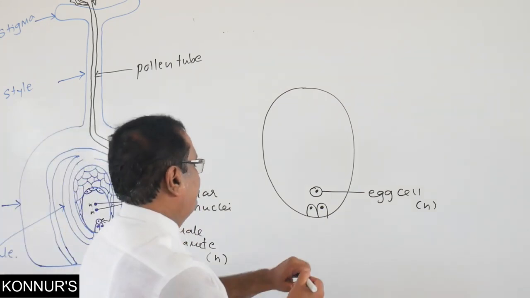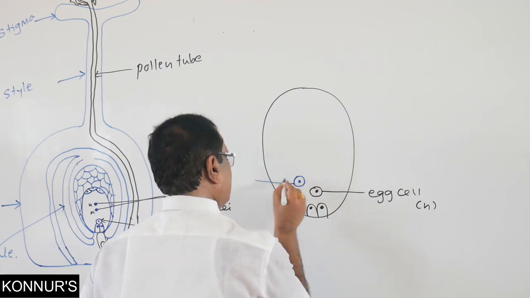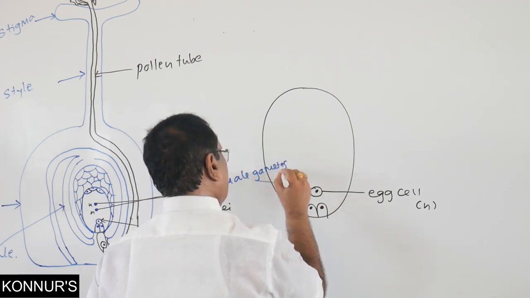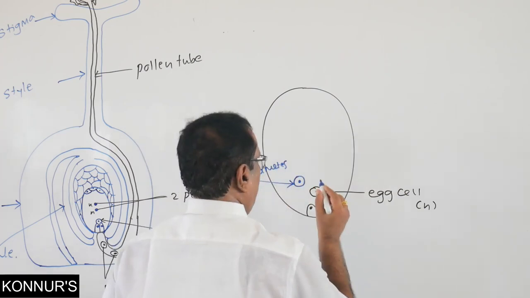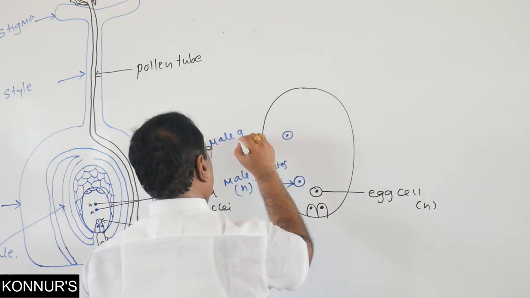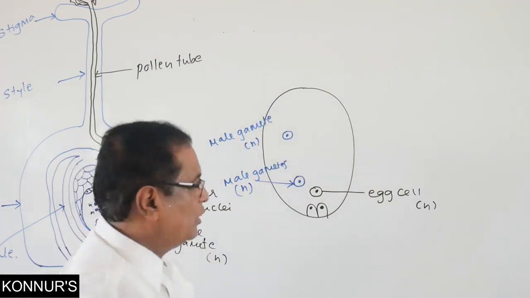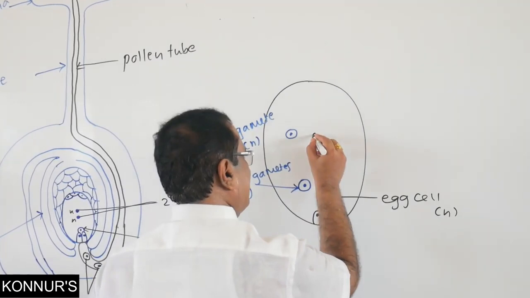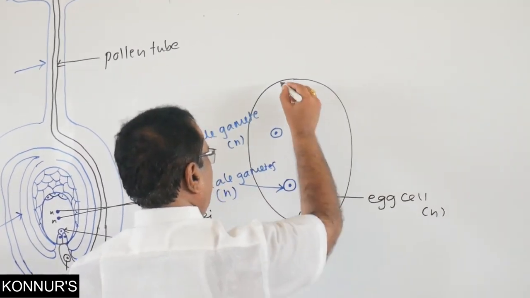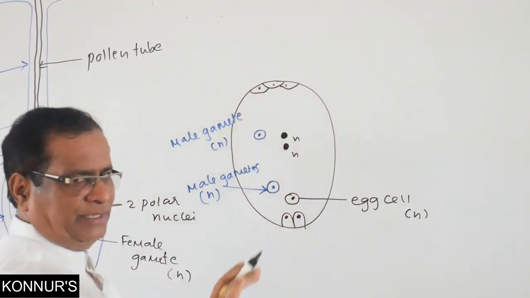One is here, this is one of the male gametes, haploid, and another male gamete is here, haploid. And there are two polar nuclei in the central cell. These are also haploid. And the three antipodals start degenerating.